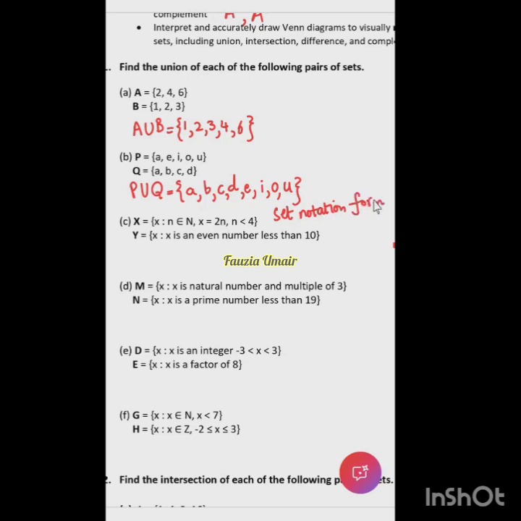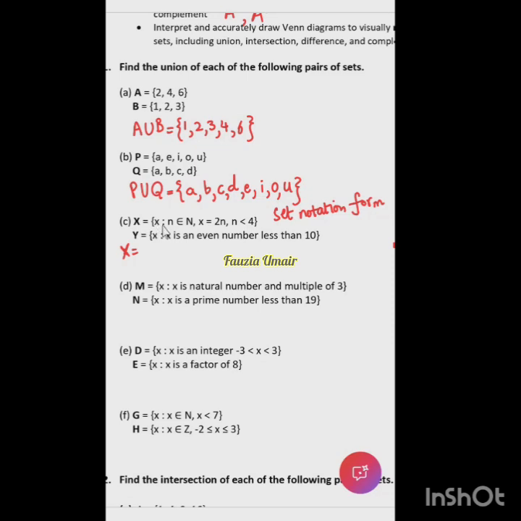And we know that when we are going to do some operation, first of all we will write them down in the element form. So we should know what are the elements of X and what are the elements of Y. So now let's read what is written inside this set.